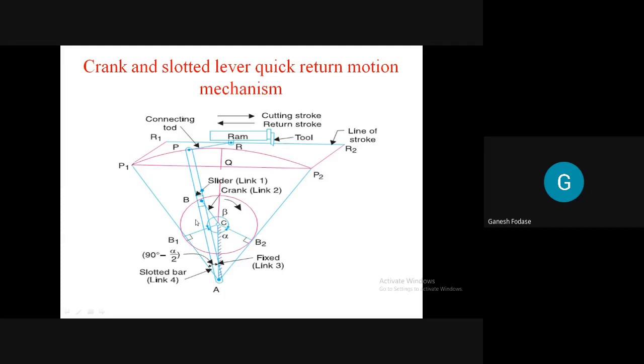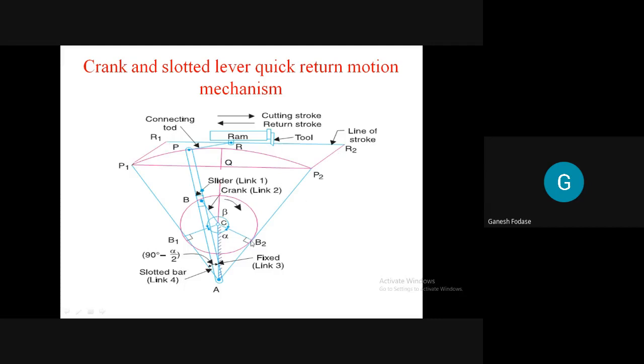As the angle is more, you can see the path of the P1 is also more, P1 to P2. The tool, which is at R1, is moving from R1 to R2. So this is called a cutting stroke or a forward stroke. So the forward stroke occurs when the crank turns through angle beta, that is from B1 to B2. The end point of the oscillator is moving from P1 to P2, and the tool is moving from R1 to R2.